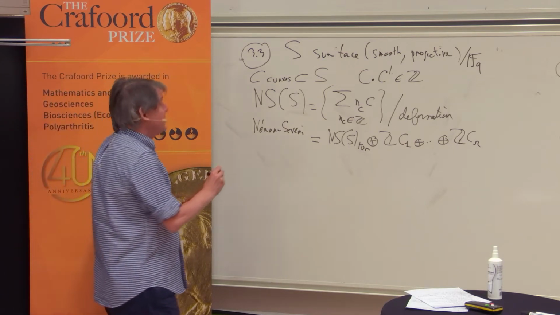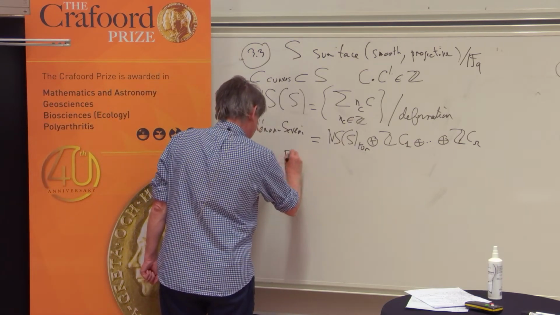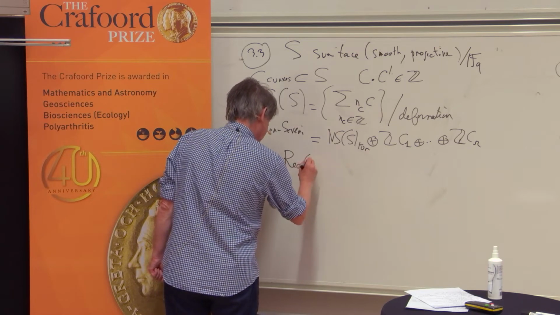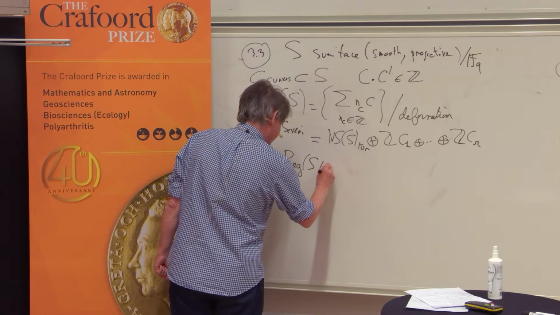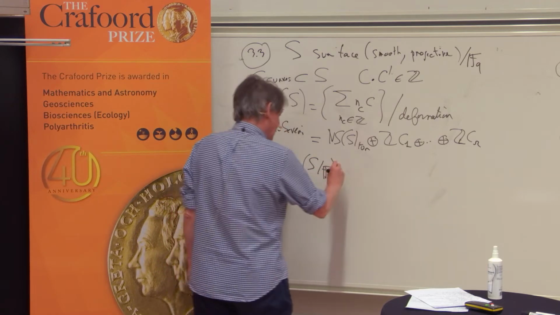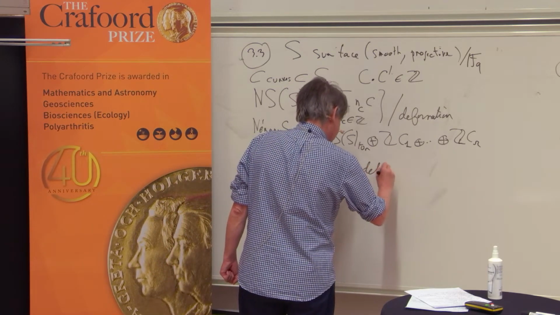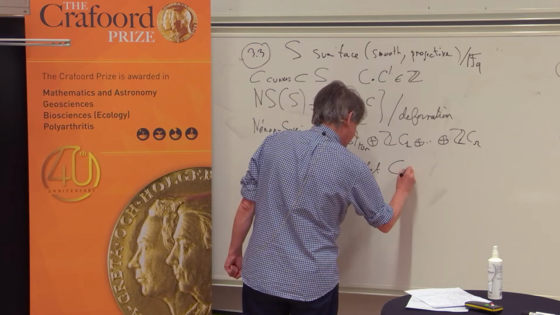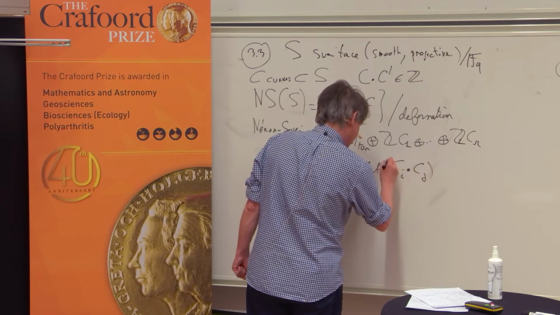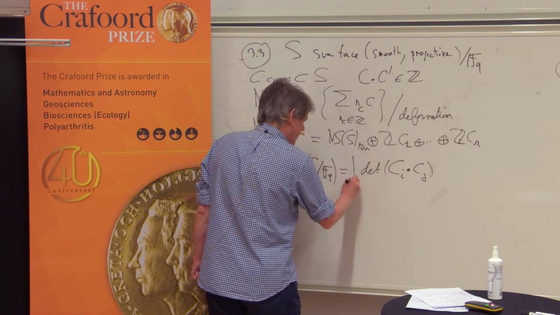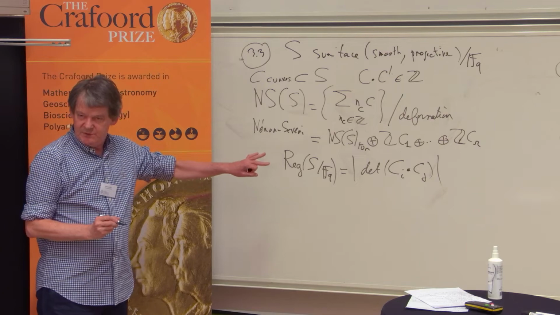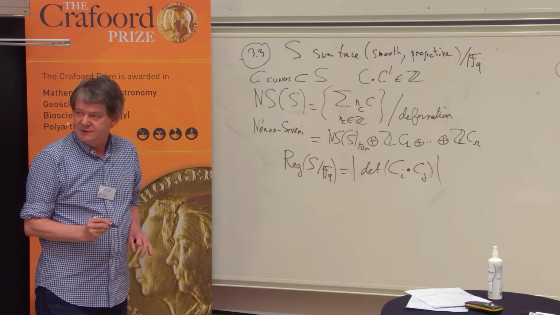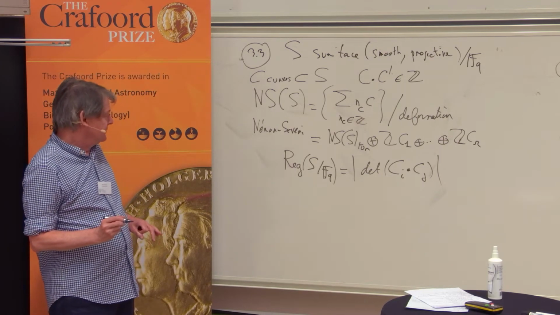And now I have again a regulator that I will call the regulator of S, or S over F_q, which is, well, first I take the determinant of the intersection numbers. Now there's a sign, and I'm not interested in the sign, so it's easy to determine, but I'm not interested in it, so I take the absolute value.